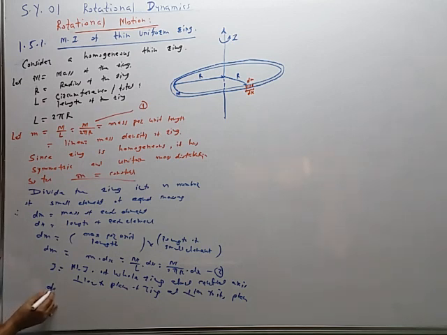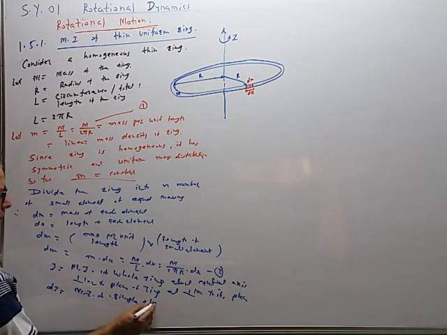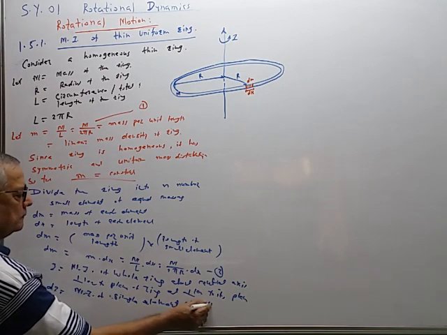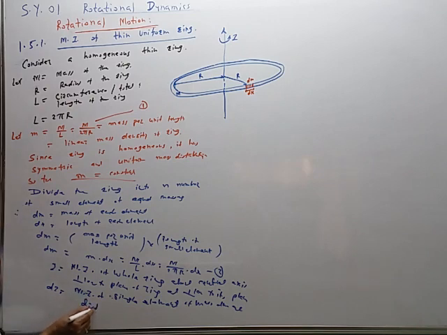So dI is equal to MI of single element of mass dm at distance r from central axis, as shown in the figure.